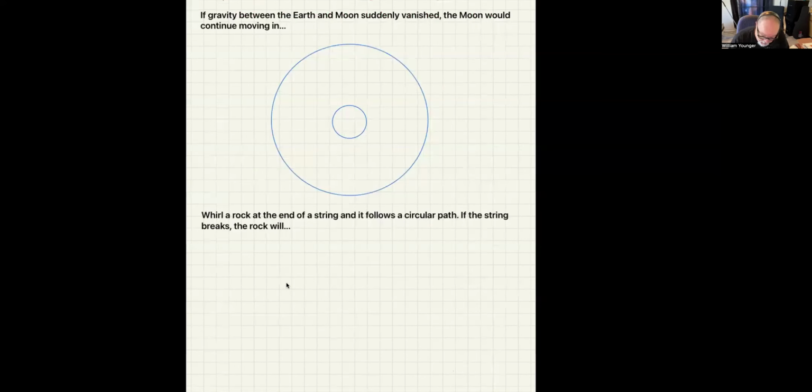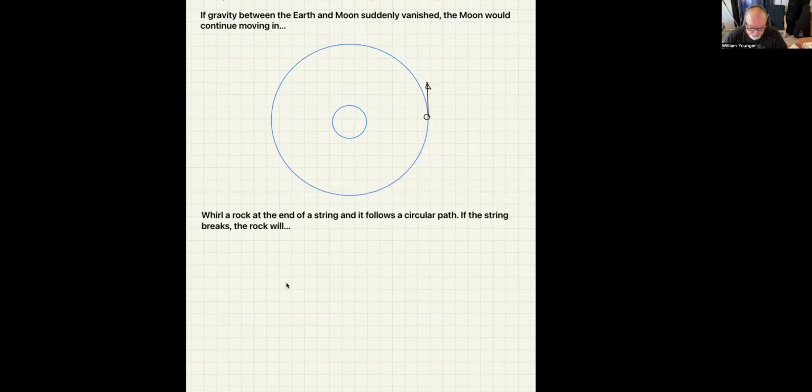The important point is to realize that if the Moon is right here, then at that point its velocity is pointing this way. We call that tangential. Now it's tangential. Notice we're trying to make an arrow that is exactly parallel to the edge of the path that the Moon is following.